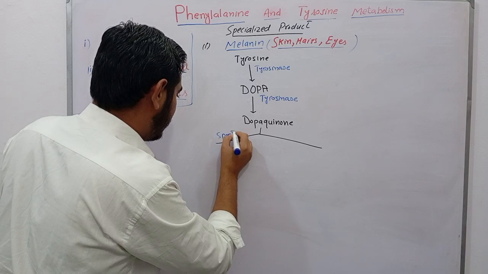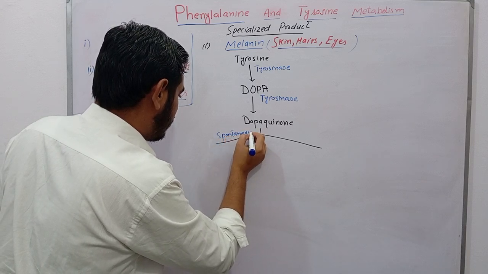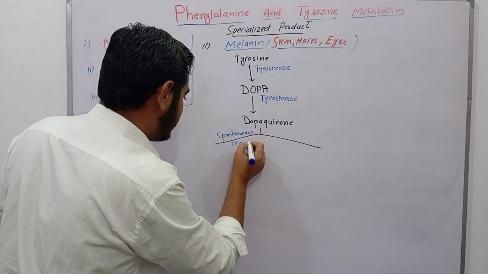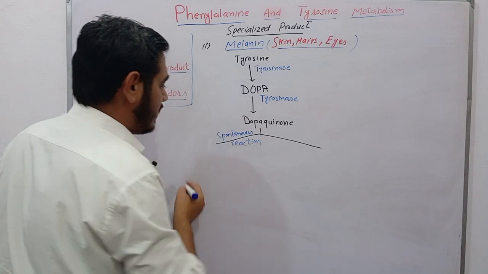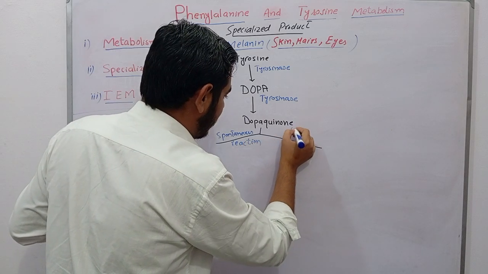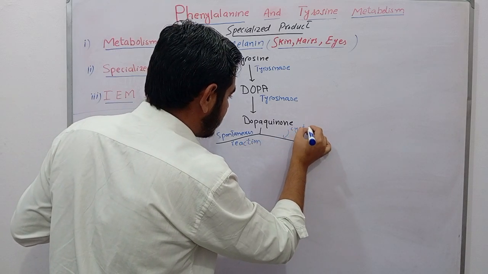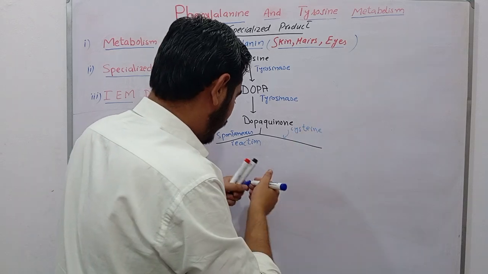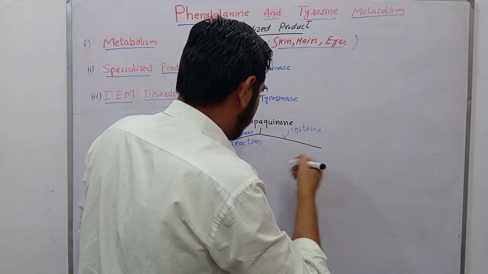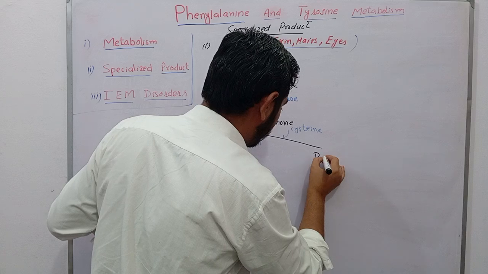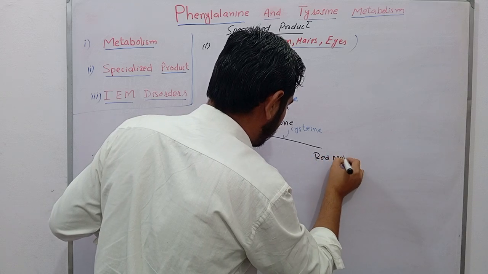Through spontaneous reaction, it leads to a series of reactions, and here by incorporation of cysteine, there is a formation of red melanin.